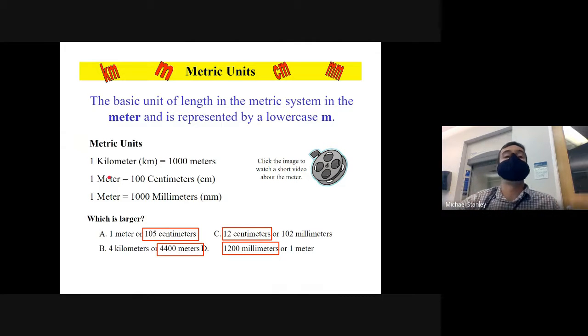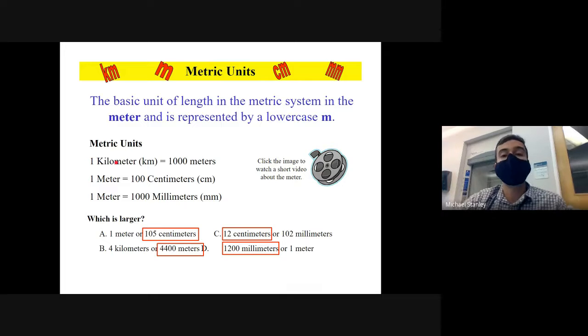And if we go bigger than that, we have kilometers. So a kilometer is 1,000 meters. You take 1,000 of those meter sticks and stack them end on end with each other, and at the very tip, they all reach out to 1 kilometer long. So km for kilometer. Kilo means 1,000, essentially.